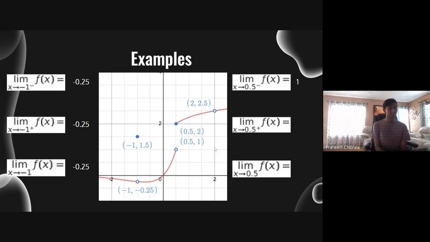But if you approach 0.5 from the right side, you follow this path, and you instead get 2. So this limit is equal to 2. But since the left-handed limit and the right-handed limit are not equal, the actual limit does not exist. They don't approach the same value, so it does not exist.